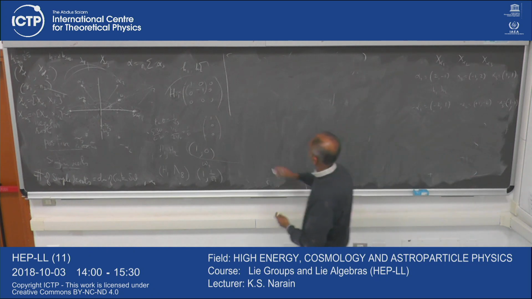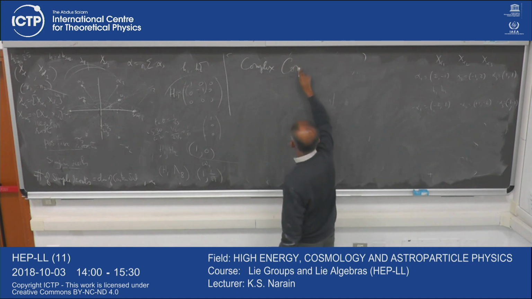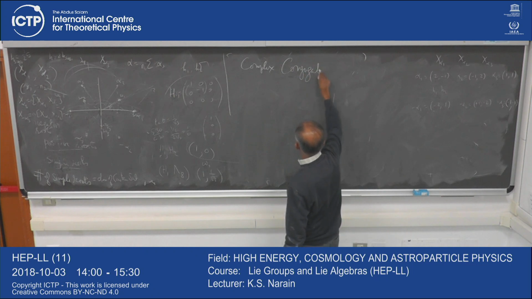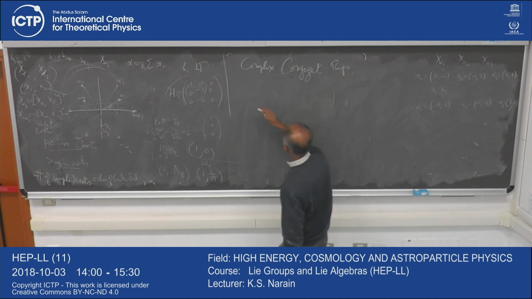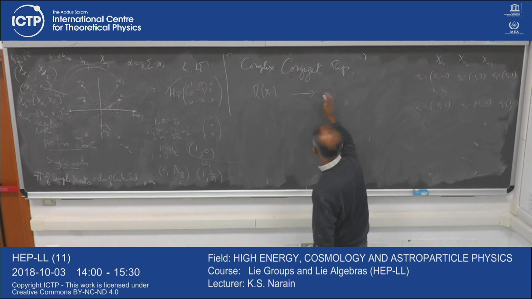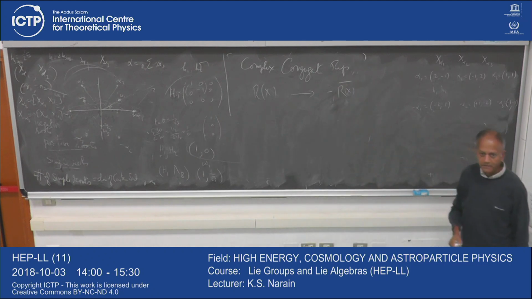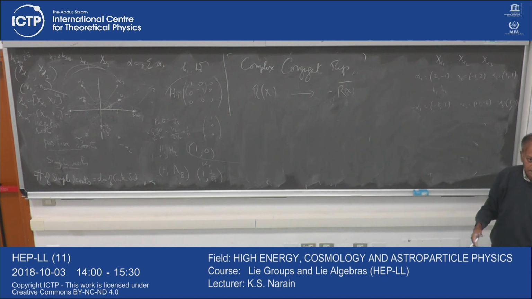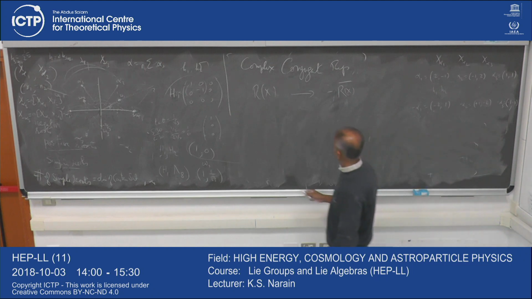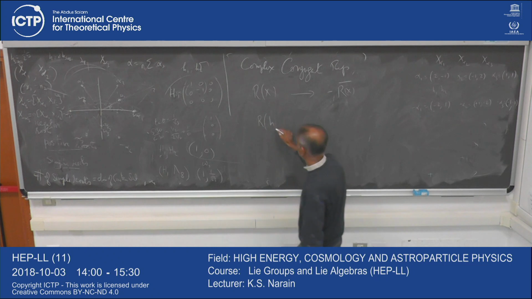So the complex conjugate representation is, if I give you some representation R of X, then there's a map to go to the complex conjugate. It was simply minus R of X bar, right? And we saw that this satisfies the algebra, so it's also a representation. But now what will happen to R of H1 or H2?